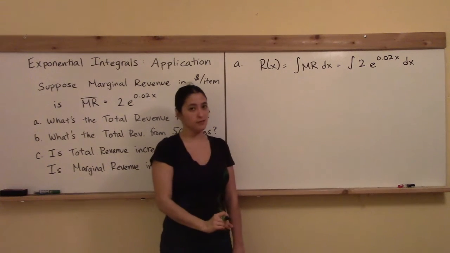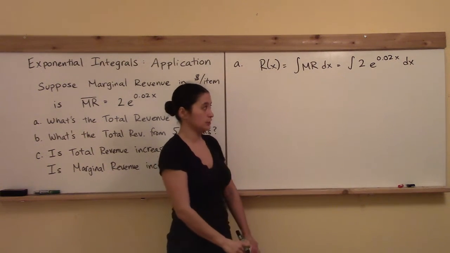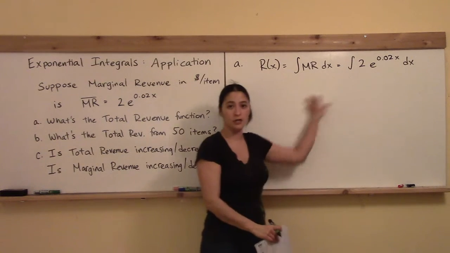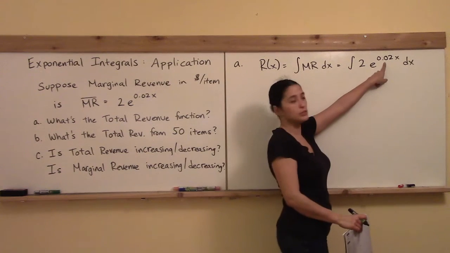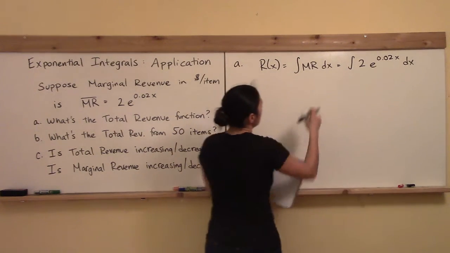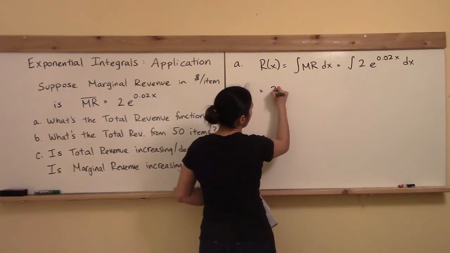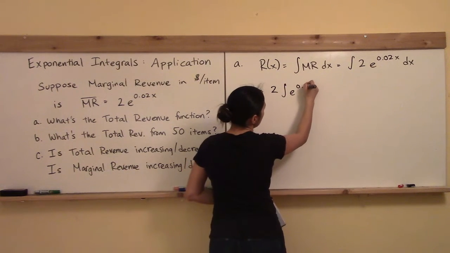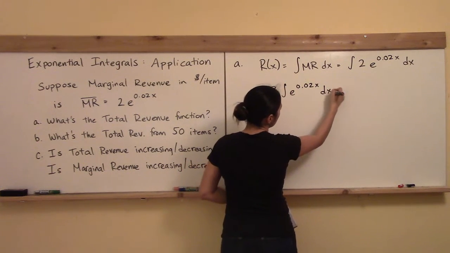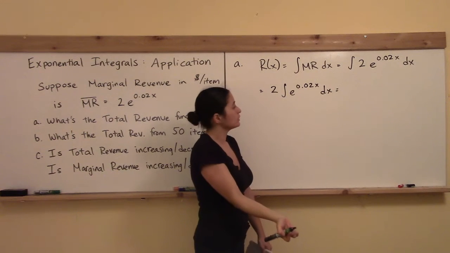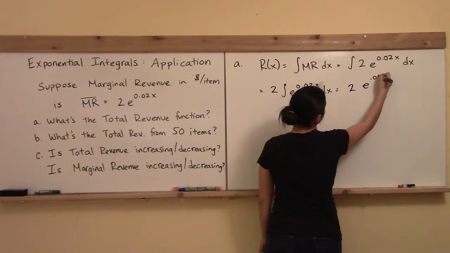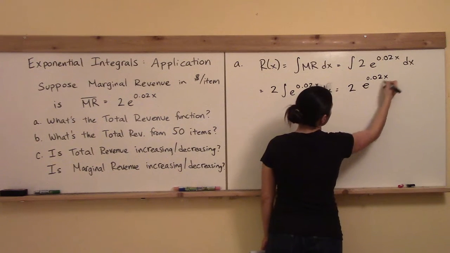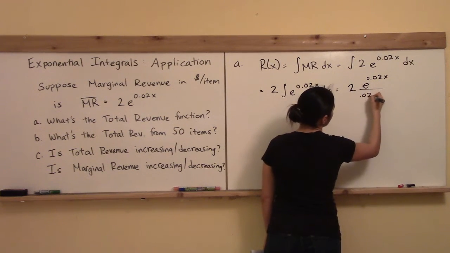Okay, so in the previous video you saw a lot of computational examples of this form, so I'm not going to go through it all the way, but it is a simple u substitution where u equals 0.02x, and usually we pull the 2 to the outside, and then through that u substitution, or by using the equation for the integral of e to the ax, you get e to the 0.02x divided by 0.02.